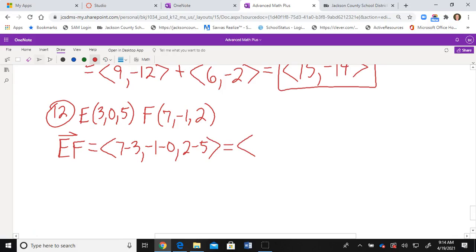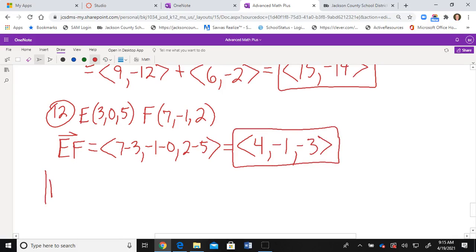What's 7 minus 3? 4. Negative 1 minus 0 is negative 1. 2 minus 5, negative 3. There is our vector.